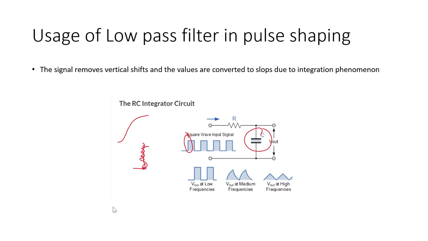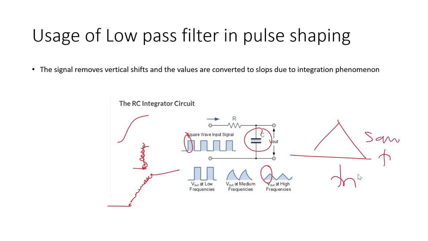It will start from here and will add up all the voltages up to here. So integrator can be formed by a simple low pass filter as it decreases the high frequencies. So high frequencies are decreased and lower frequencies are retained, which make this thing a sawtooth wave. Not a sawtooth wave, but a triangular wave. So this is a triangular wave now.